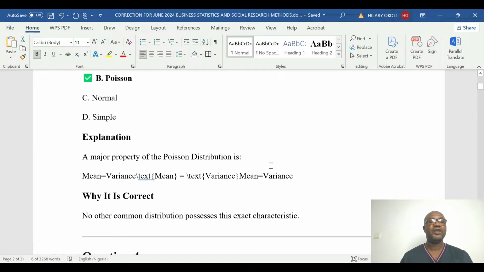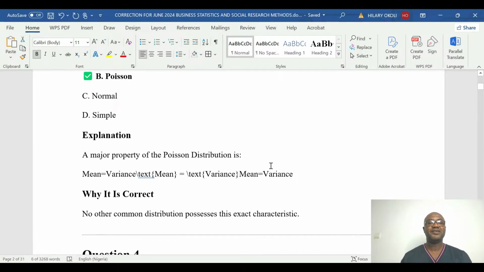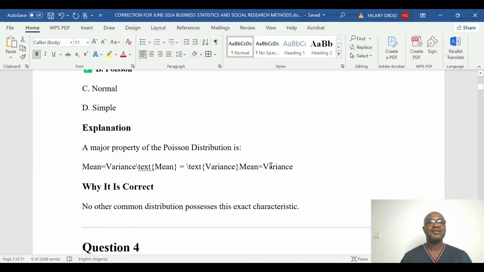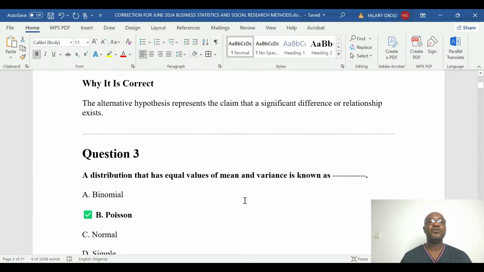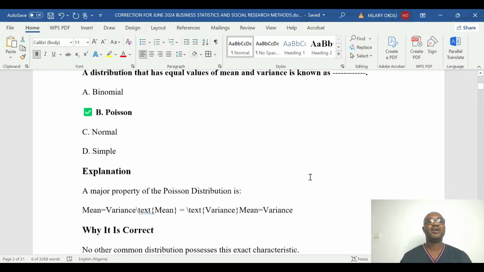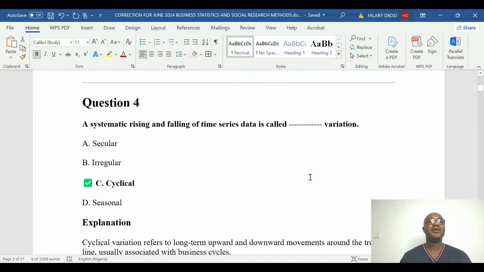So this is how it is being explained: a major property of the Poisson distribution is that the mean is equal to the variance. So we will have this in mind that when the mean and the variance have equal value, it is Poisson. That is the concept we will have in mind.